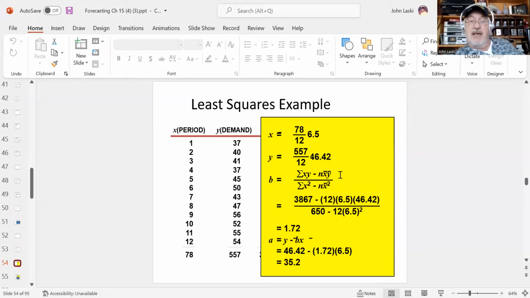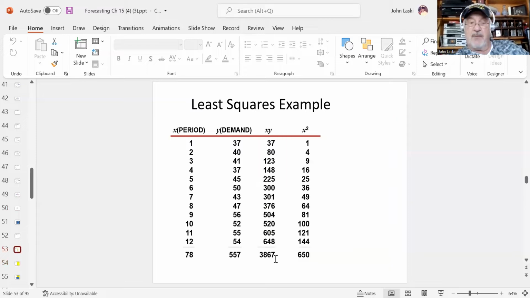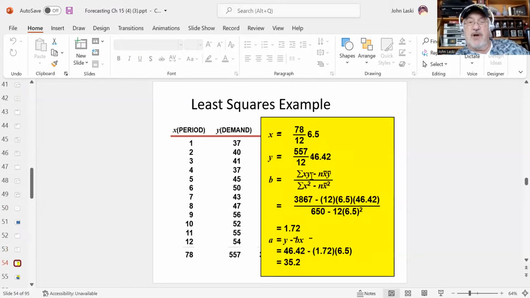So looking back at our formula, beta is arrived at by the sum of the xy's, and we had that number in this column right there, sum of the xy's, minus n, which we know is 12, x bar, which we just calculated to be 6.5, y bar, which we just calculated to be 46.42. That's our numerator.